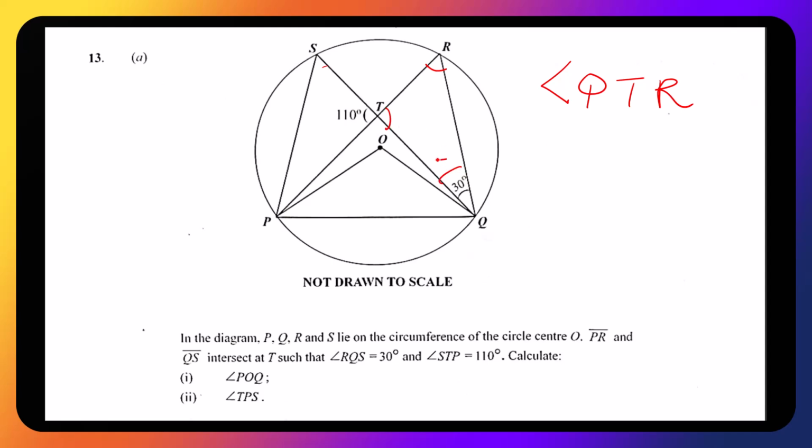This side plus this side plus this side will give us 180. Remember, opposite angles are equal, so this side will be 110.